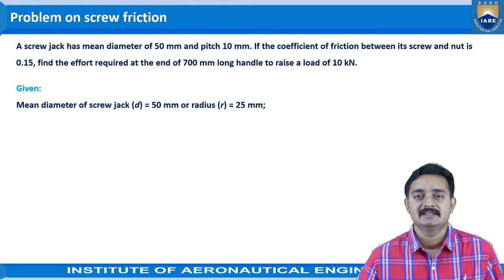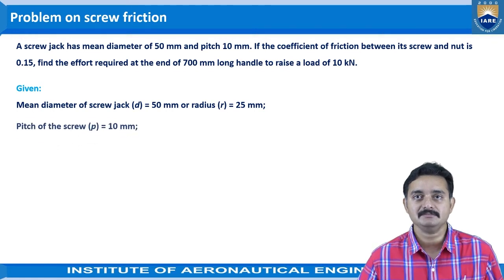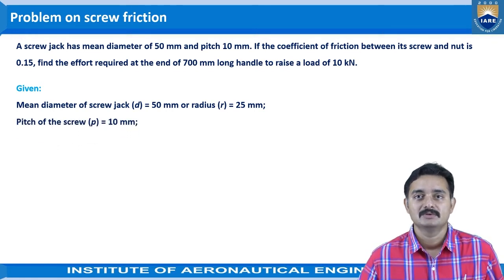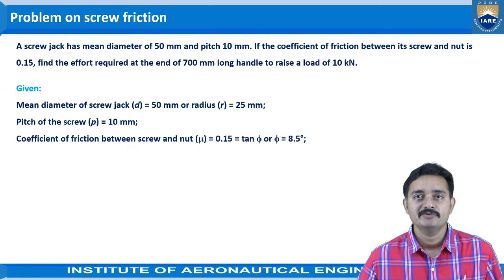It is given that the mean diameter of the screw jack, represented with small letter d, is 50 millimeters, or we can say that the radius of the screw jack, small r, is 25 millimeters. The pitch of the screw, represented with small letter p, is given as 10 mm. The coefficient of friction between screw and nut, represented as mu, is given as 0.15.